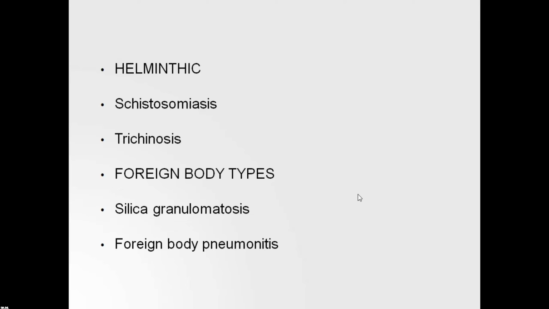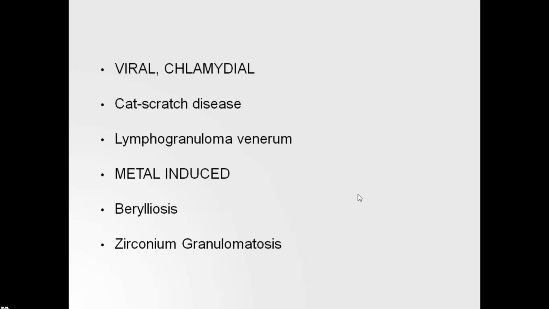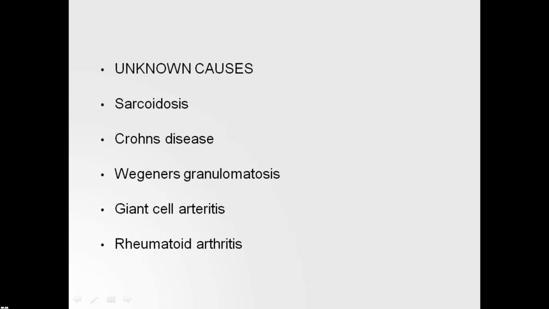Foreign body type usually occurs in silica granulomatosis and foreign body pneumonitis. Chlamydial, usually in cat scratch disease and lymphogranuloma venereum. Metal induced, usually berylliosis or zirconium granulomatosis. Unknown causes of granuloma formation are sarcoidosis, Crohn's disease, Wegener granulomatosis, giant cell arteritis, and rheumatoid arthritis.